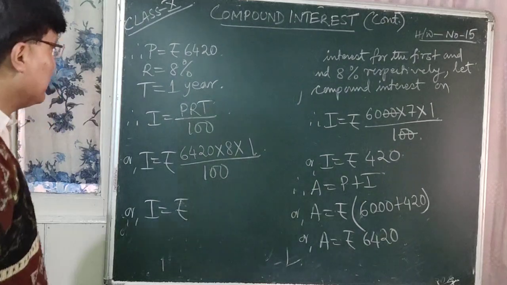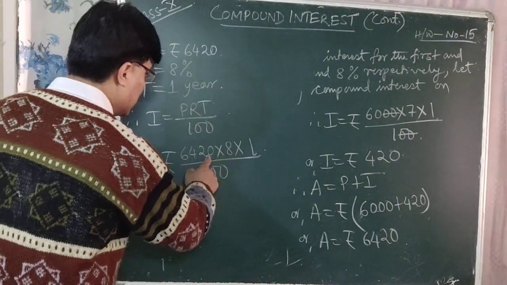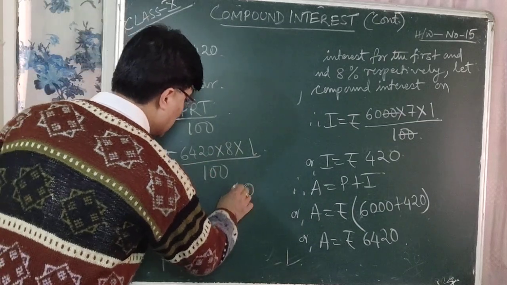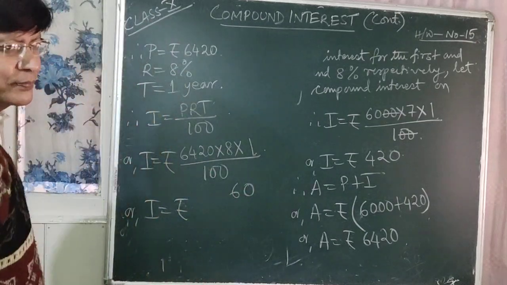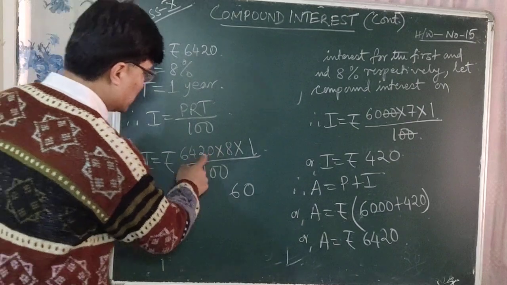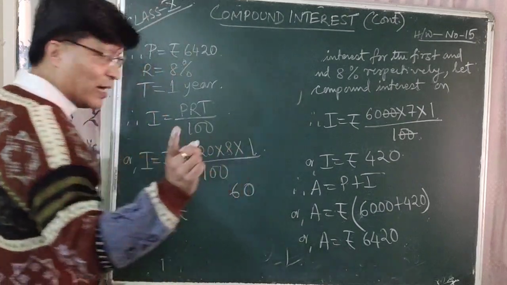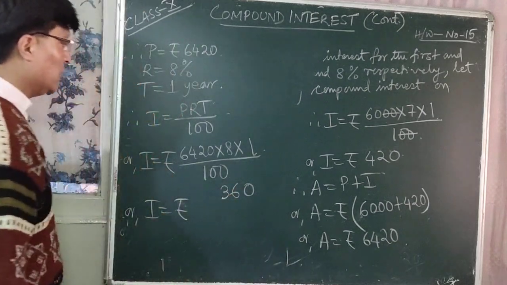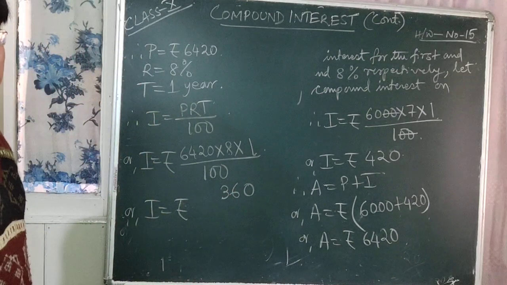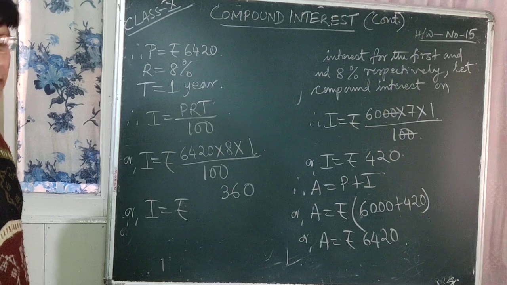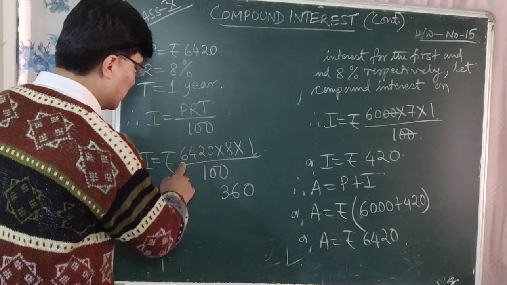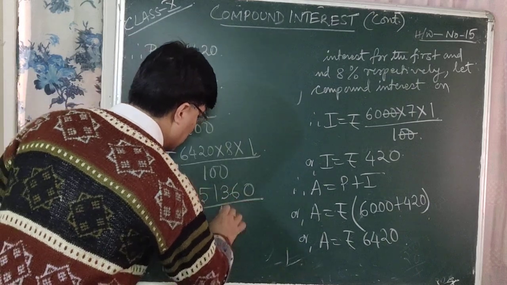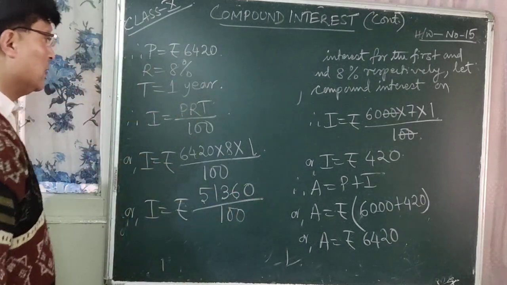Now let us multiply them. 8 zeros are 0, 8 twos are 16, 6 carry 1, 8 fours are 32 plus 1 is 33, 3 carry, 8 sixes are 48, 48 plus 3 is 51, divided by 100.